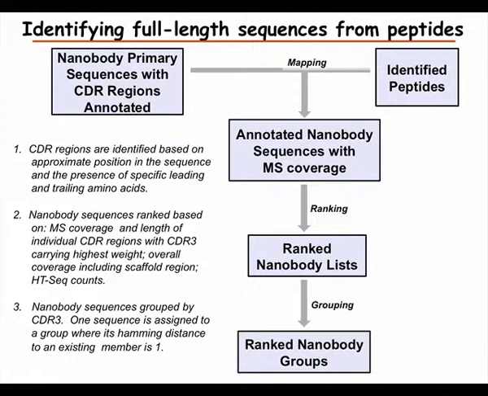So we want to rank all the nanobodies in our database to select out which ones we should try to express, which ones seem to be high affinity binders.